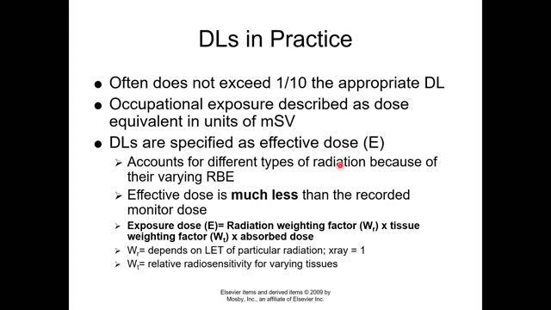So effective dose. And it deals again with that relative biologic effectiveness, or the RBE, and the tissue weighting. So you need to know both. Relative biologic effectiveness and the weighted tissue factor is what's going to give you that effective dose. Okay? Make sure you remember.